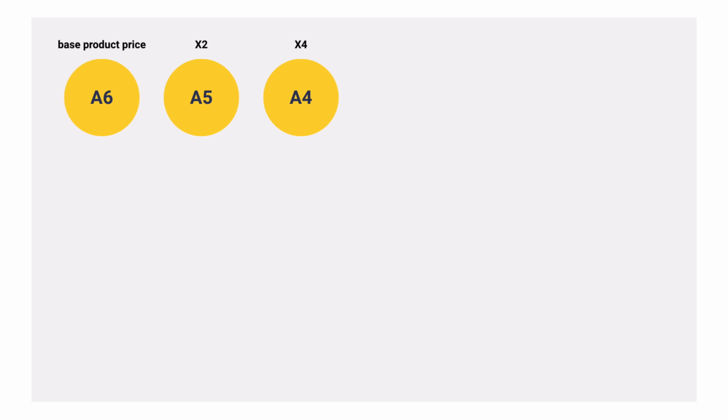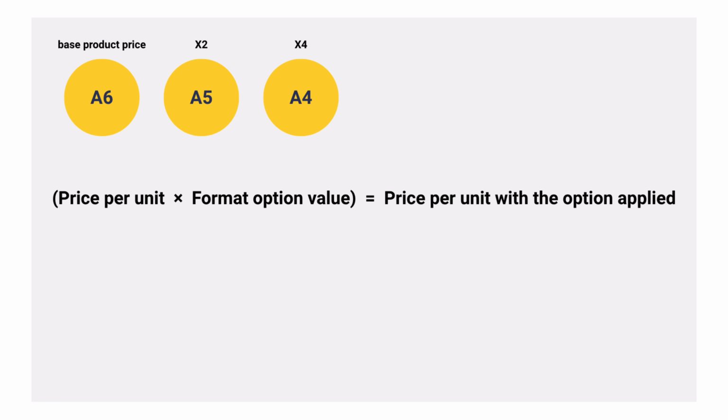It is logical to calculate the price taking into account the format like this: price per unit multiplied by format option value equals price per unit with the option applied. We take the price for A6 format as the base price. The option value for A5 format is 2, since A5 is twice the size of A6.